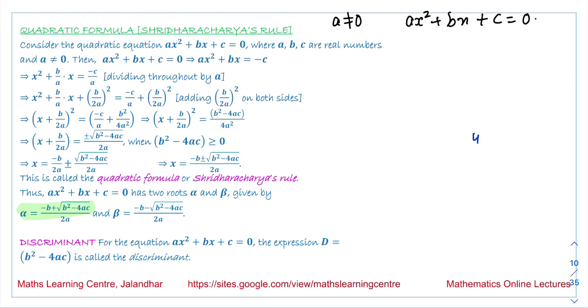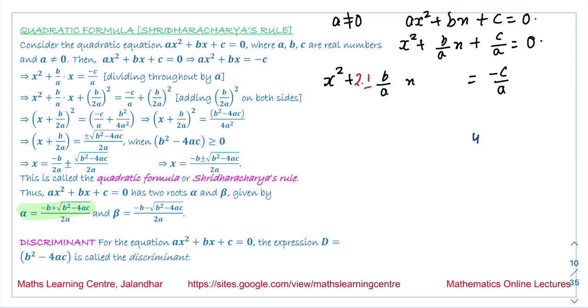The first step we write is x square plus b by a x plus c by a is equal to 0. So we can write this equation as x square plus b by a x is equal to minus c by a.